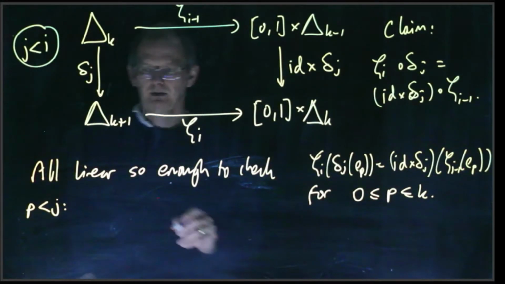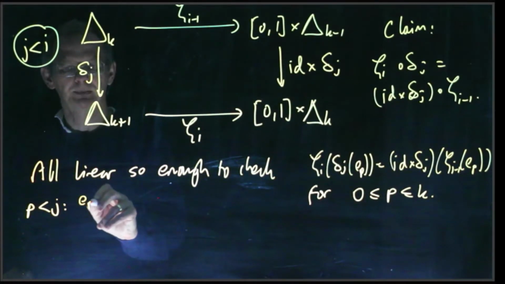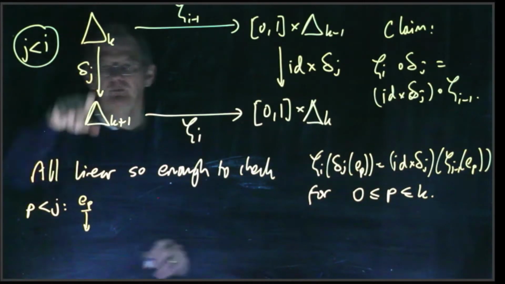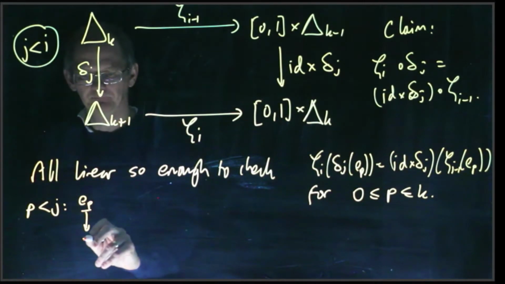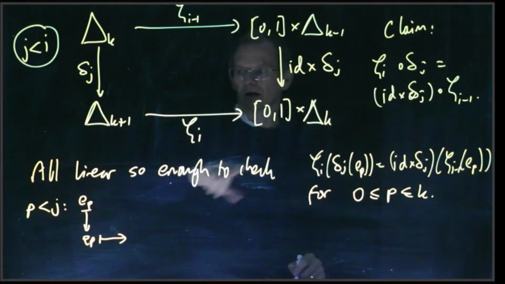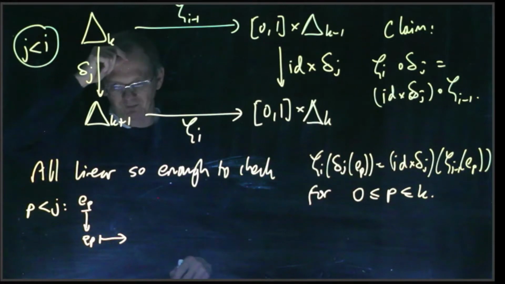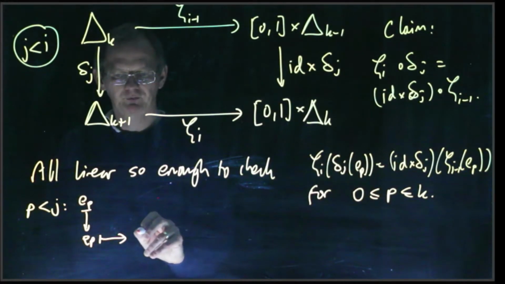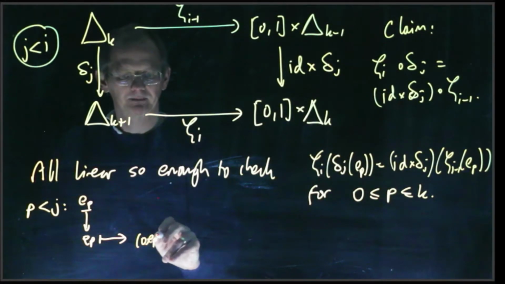Then in this case, your Ep goes down this way, just to Ep again. And then by your zeta i, since p is less than j, it's certainly less than i, so here you're just going to 0, Ep.